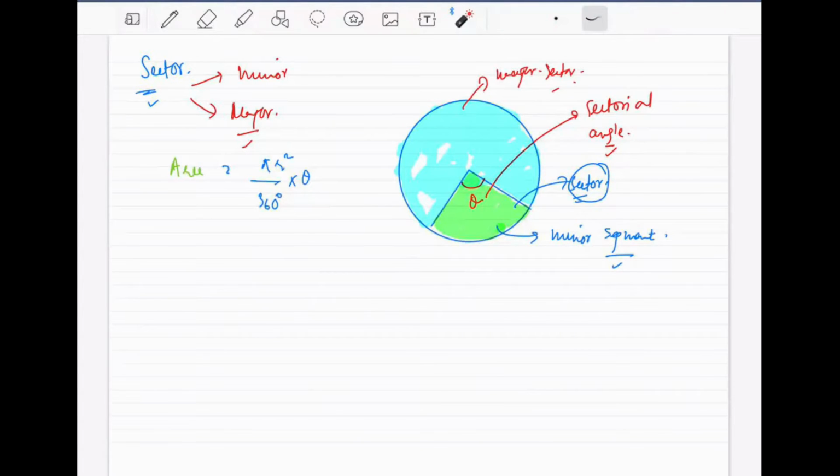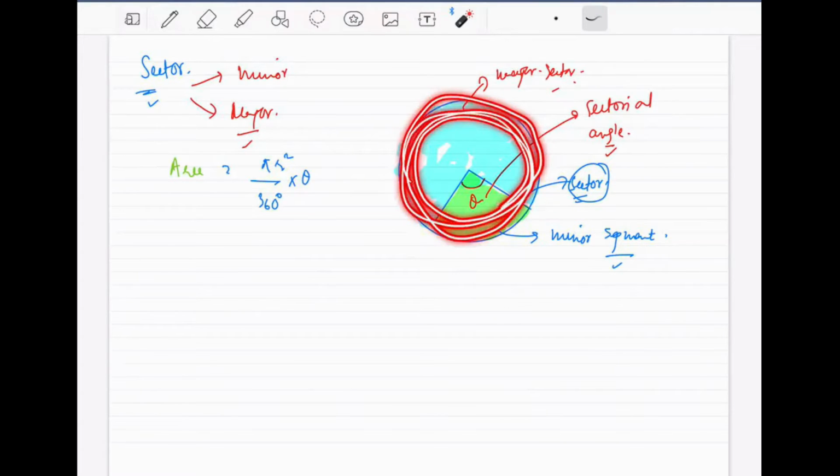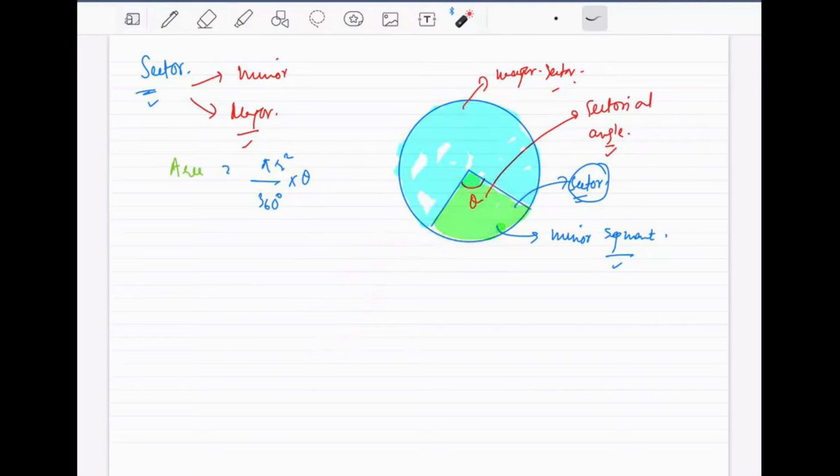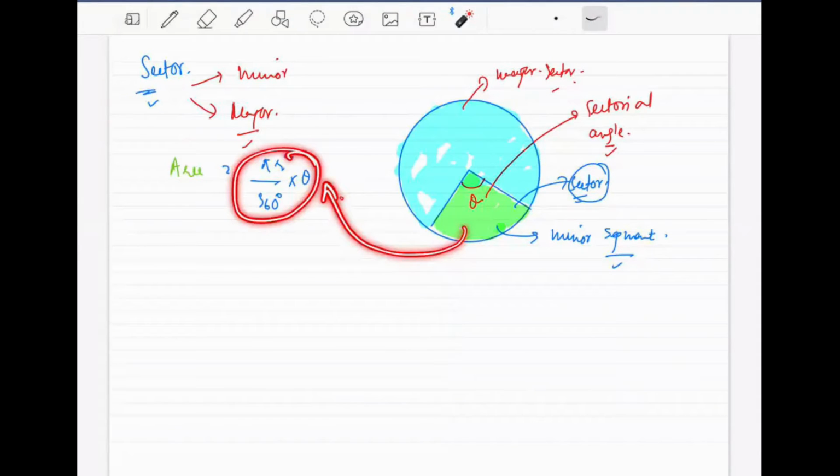In order to find out the area of the major sector, what we have to do is, the whole area is how much? The whole area is pi r square, the area of this circle, where r is the radius. Out of this, you have to take the green part away.